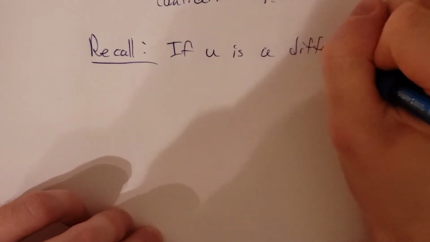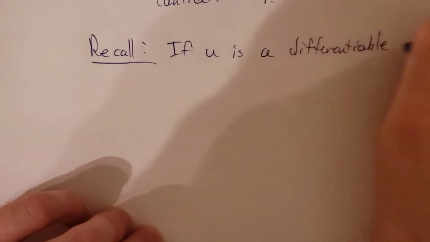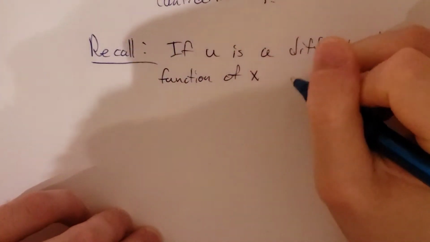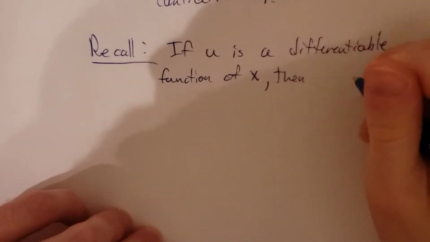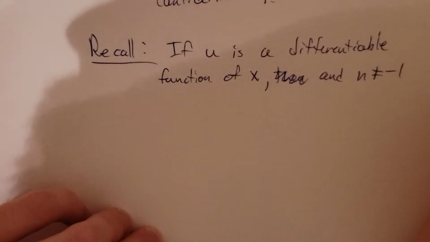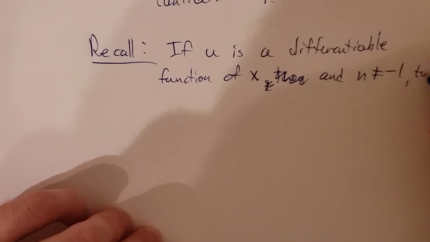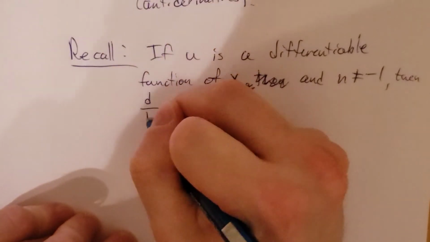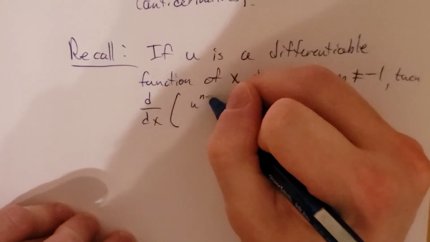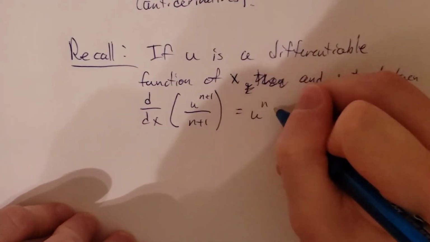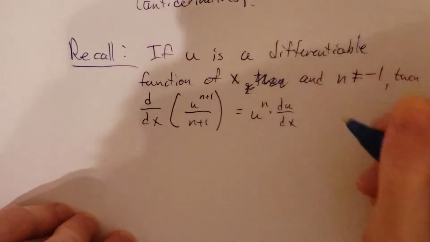If u is a differentiable function of x, and n does not equal -1, then the derivative with respect to x of u to the n plus 1 over n plus 1 is just equal to u to the n times du dx by the chain rule.